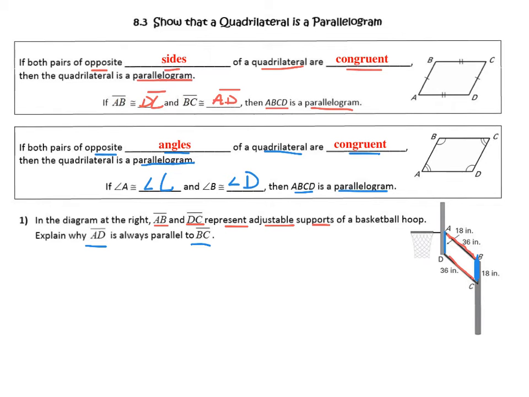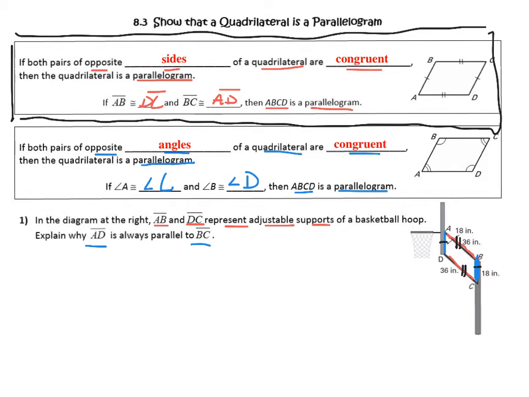And the reason is, obviously, because these opposite sides, both pairs, are congruent. So I'm essentially just using this first property that we listed above. If those opposite sides are congruent, then automatically it's going to be a parallelogram. So that would be my explanation.